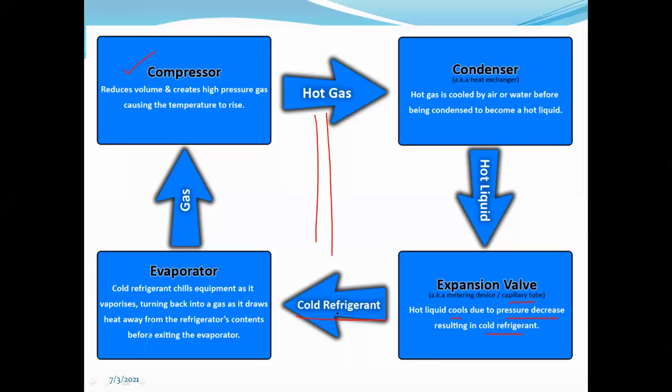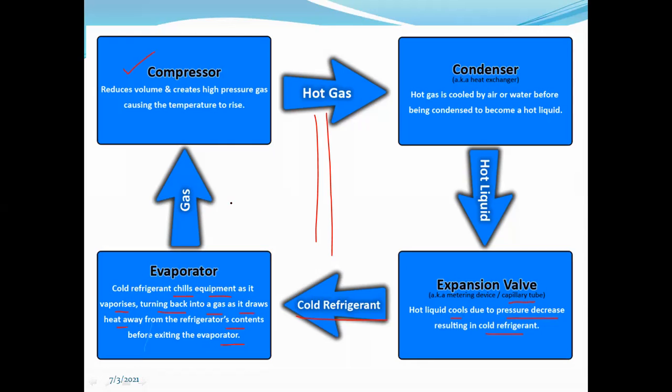Now this cold refrigerant obtained after the expansion valve is taken inside the evaporator. Here the evaporator cools the refrigerant and chills the equipment as it vaporizes, turning back into a gas as it draws heat away from the refrigerator's contents before exiting the evaporator.